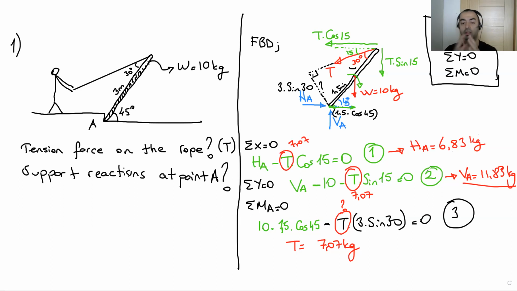So what we did here, the solution is this: HA and VA, the reaction components, horizontal and vertical. And the question asks for the tension force on the rope, which is T.